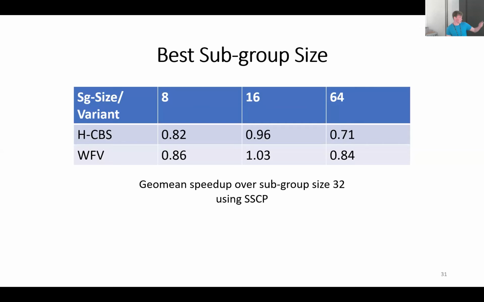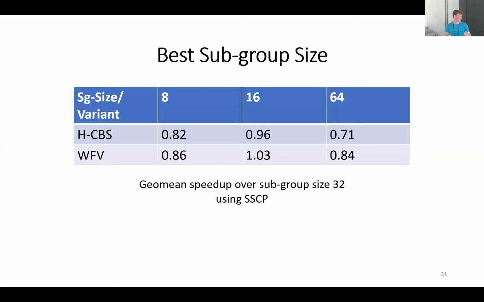We use AdaptiveCpp's JIT compiler or compilation path. For hierarchical CBS, 32 is the best performing subgroup size, with 16 being a close second. And for whole function vectorization, 16 is the best performing subgroup size, with 32 being really close to it.